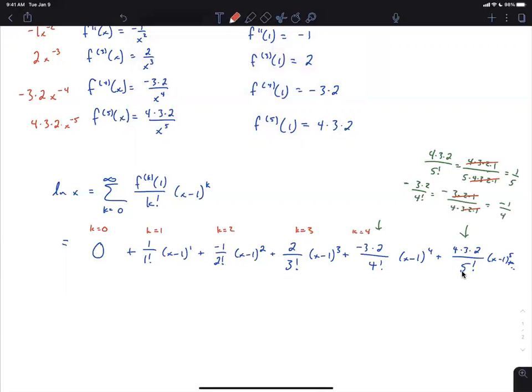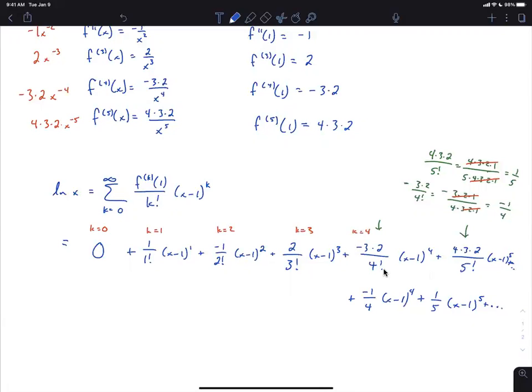You're just left with that largest factor in the bottom. And so you can simplify these last couple this way. So this last one we can write as 1 over 5, but not 5 factorial. And then this one can be negative 1 over 4 times x minus 1 to the fourth. Does everybody see how that works out on those?